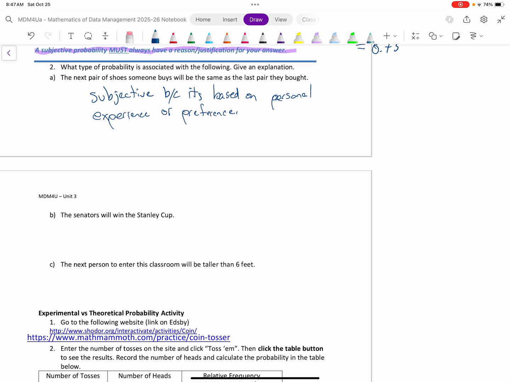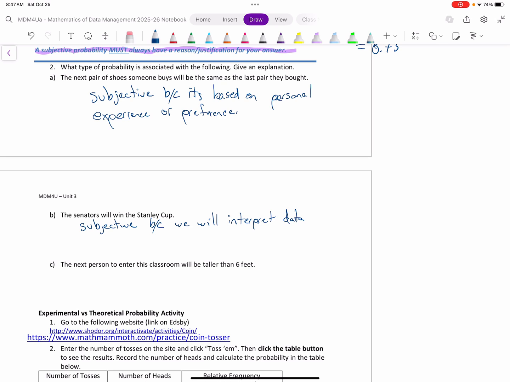Because of that, this will make it subjective. How you interpret the data really does make it subjective. So I would say because we will interpret the data differently.